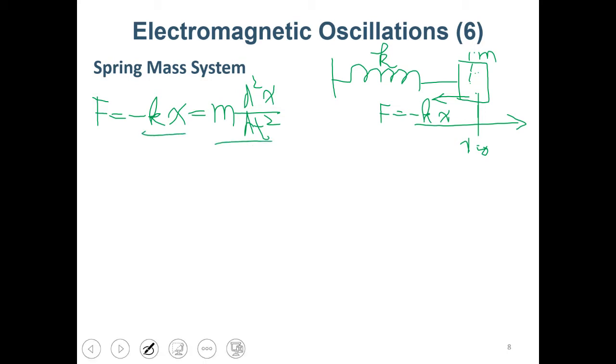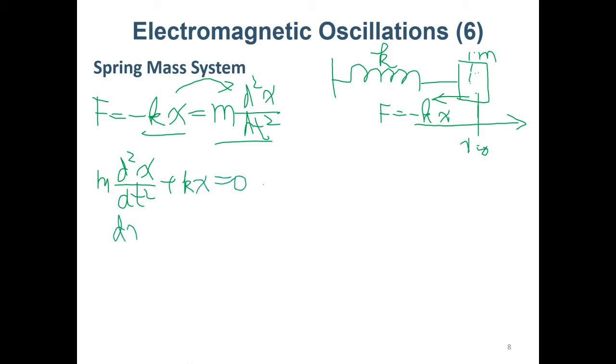So as long as we move it to the right side, we have m d2x dt2 plus kx equals to 0. So we divide by m for this equation. So we have the second derivative of the displacement plus k over m x is 0.